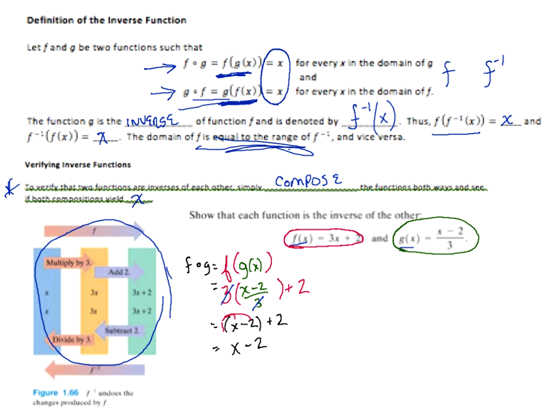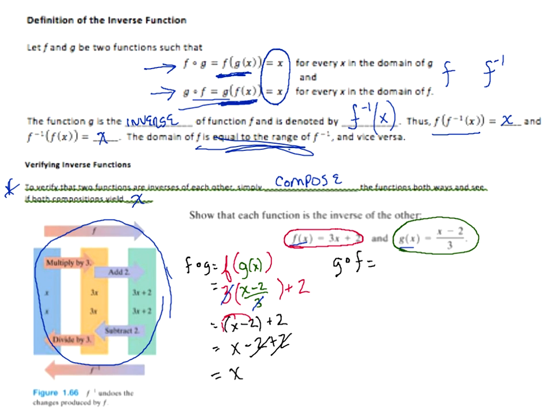So I have x minus 2 plus 2. Well, negative 2 and positive 2 are opposites, and I end up with x. However, I cannot call these functions inverses yet. It has to compose the opposite way and also give you x.